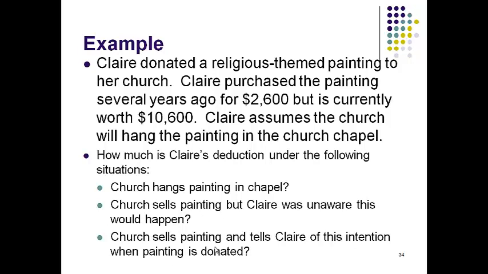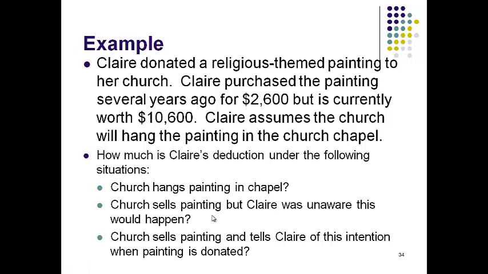This middle point is where we really have to be careful. The church sells the painting. The church is not an art dealer, so by selling the painting, they're not furthering their tax-exempt charitable purpose. But as long as Claire is truly unaware that the church was going to sell this thing, she can still take the $10,600.